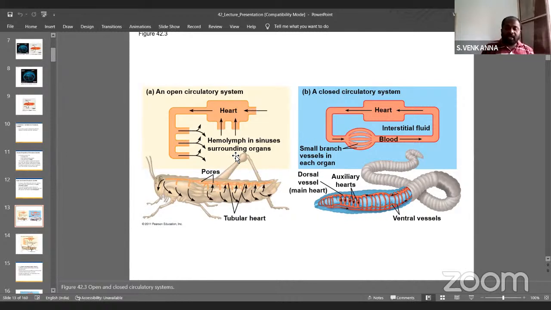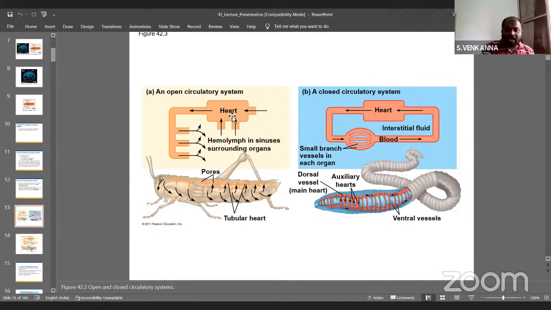Here, the blood flows freely through cavities. There are no vessels to conduct the blood, and there is no distinction between blood and interstitial fluid; the combined fluid is called hemolymph.